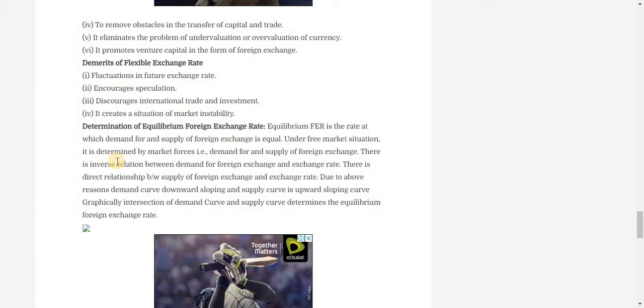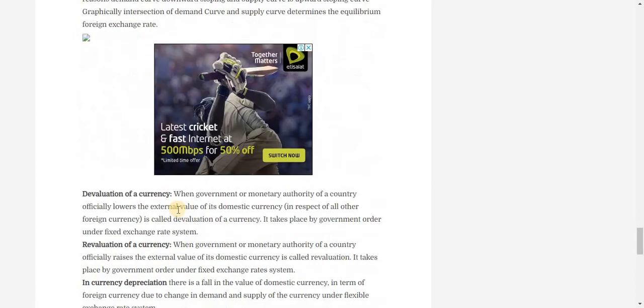There is an inverse relation between demand for foreign exchange and exchange rate, and a direct relationship between supply of foreign exchange and exchange rate. Due to this, the demand curve is downward sloping and the supply curve is upward sloping. Graphically, the intersection of the demand curve and supply curve determines the equilibrium foreign exchange rate.